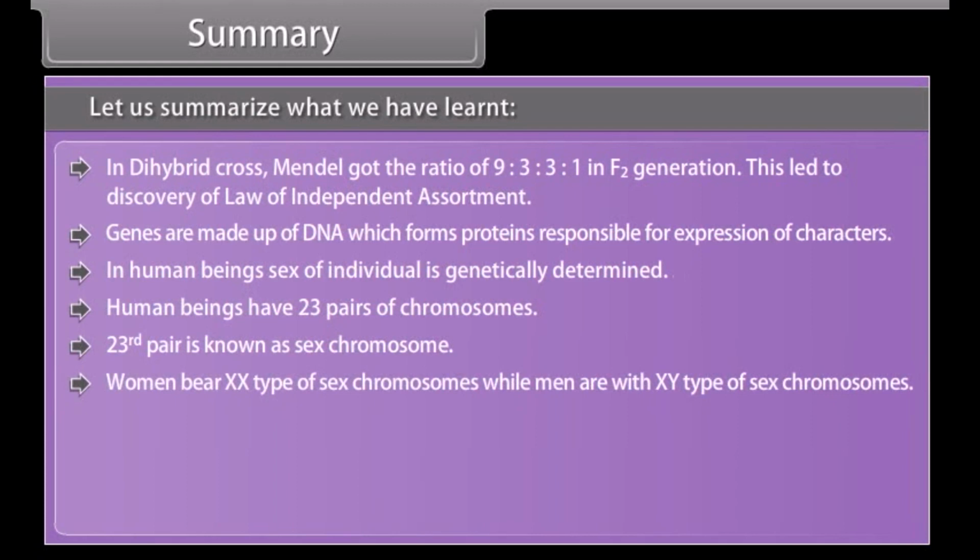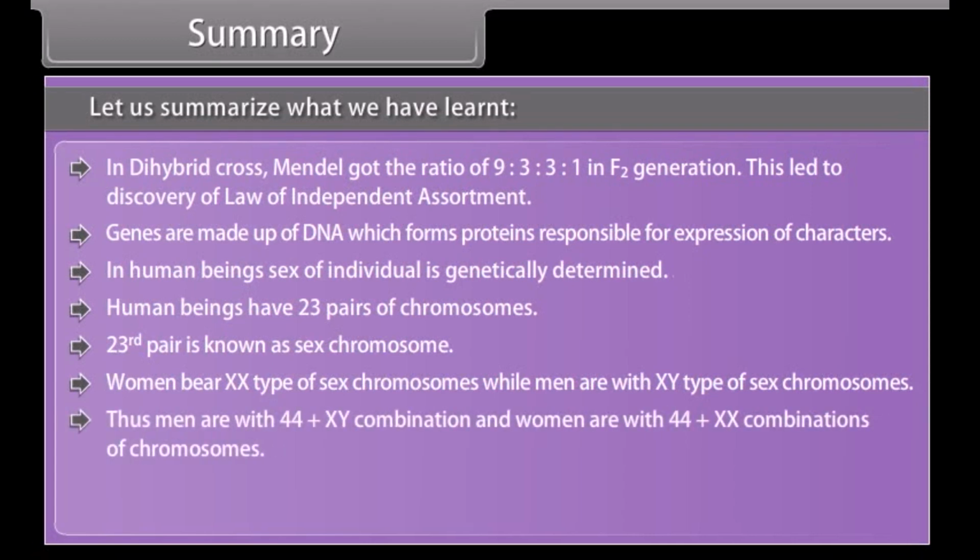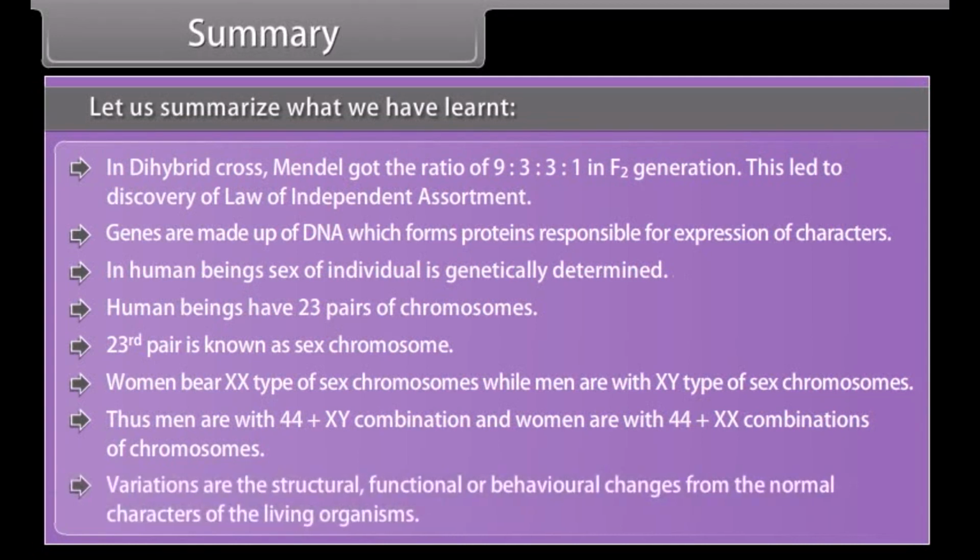Women bear XX type of sex chromosomes, while men are with XY type of sex chromosomes. Thus, men are with 44 plus XY combination, and women are with 44 plus XX combination of chromosomes. Variations are the structural, functional, or behavioral changes from the normal characters of the living organisms.